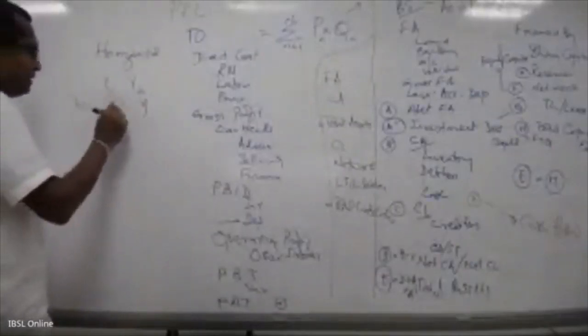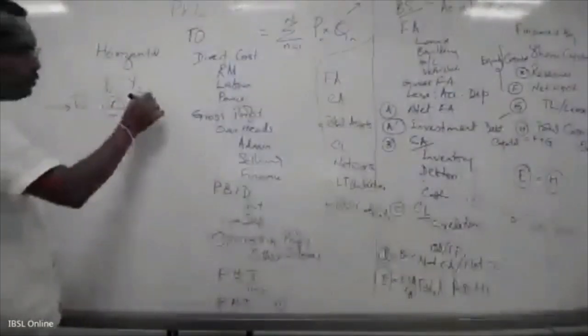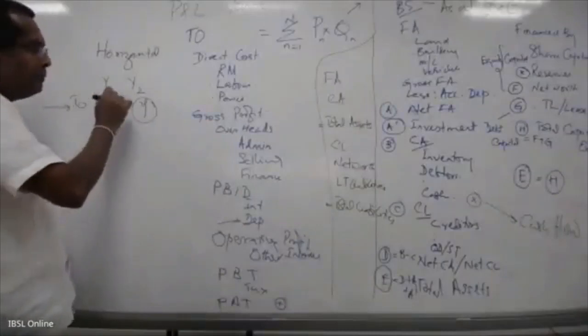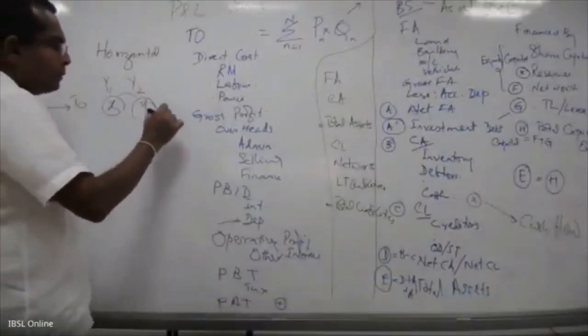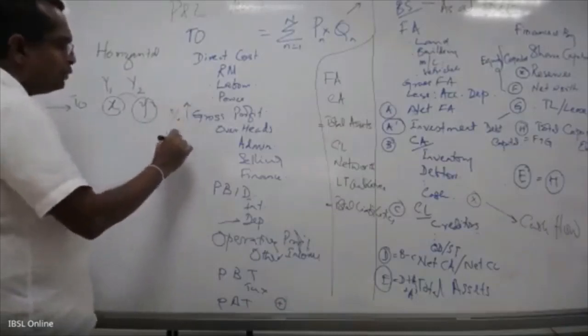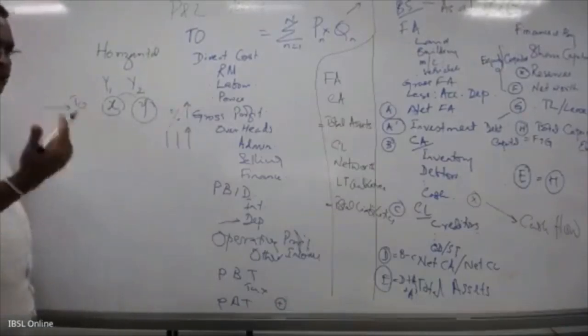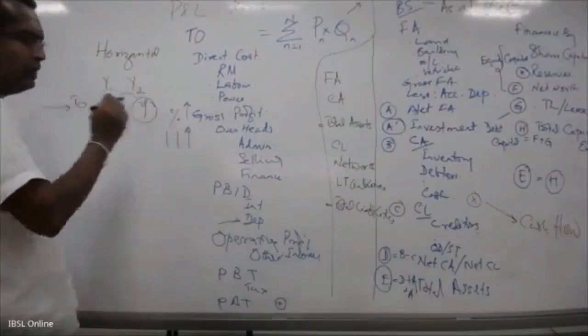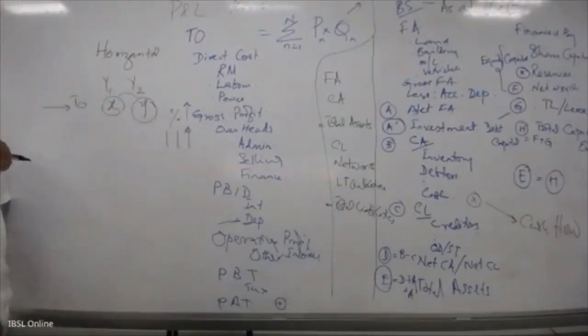We are analyzing a single statement item across 2 years. That is horizontal analysis. We are comparing what is the percentage growth, what is the absolute growth, and why. That kind of analysis is happening. So that is a horizontal analysis, right?